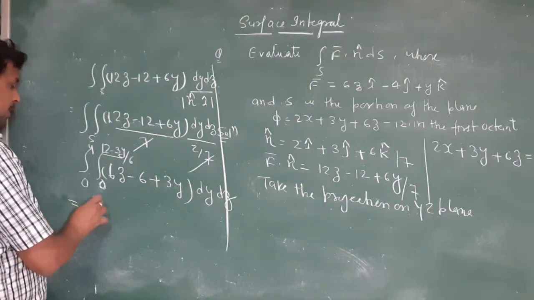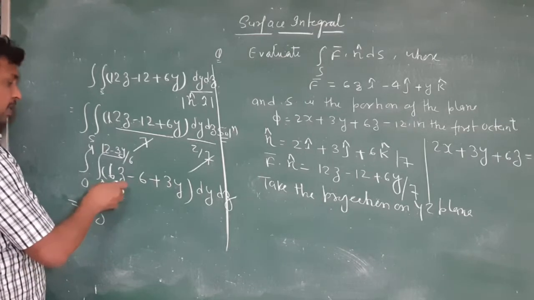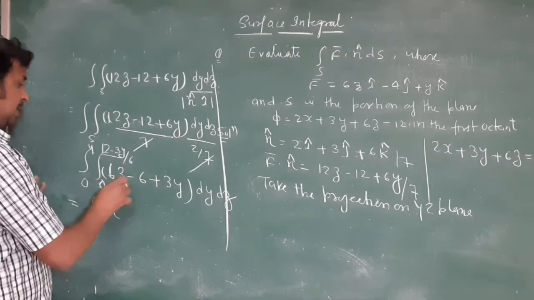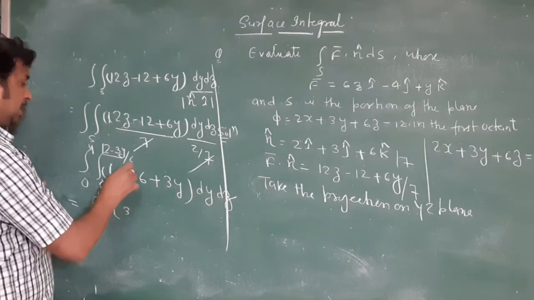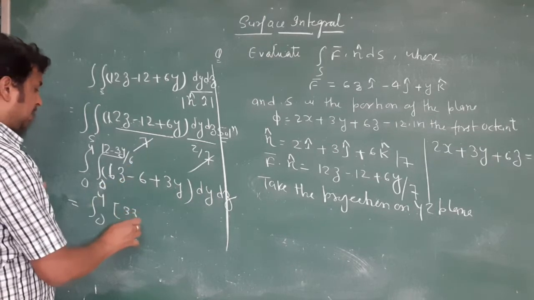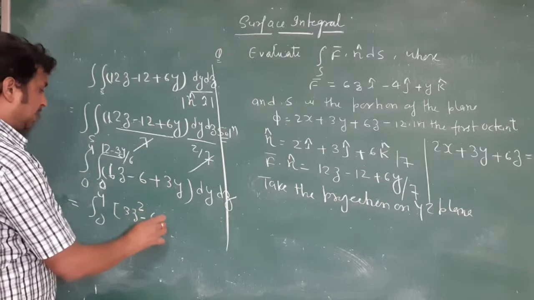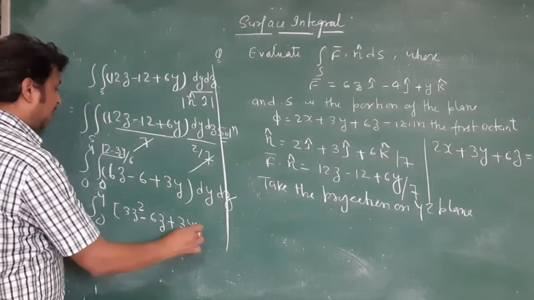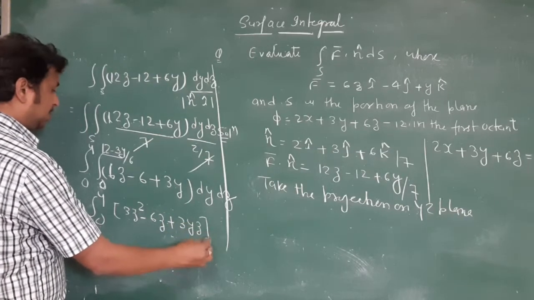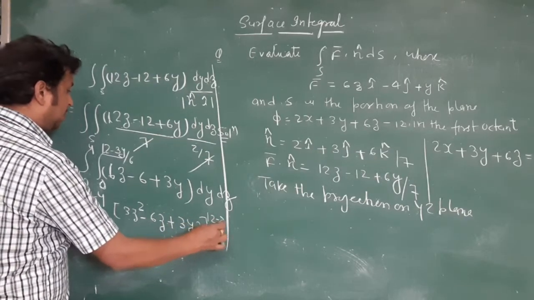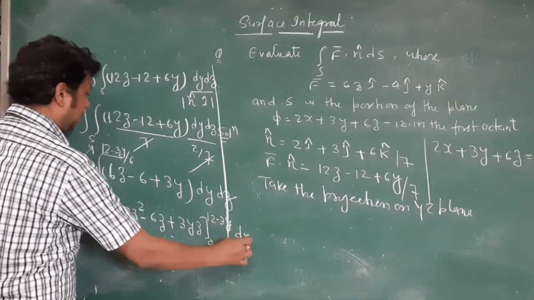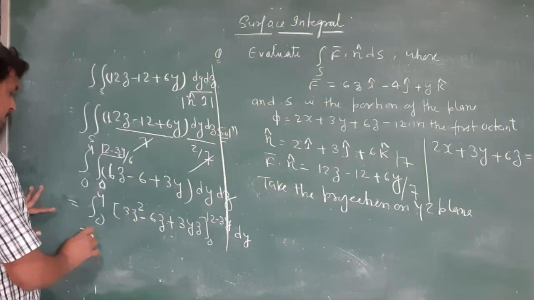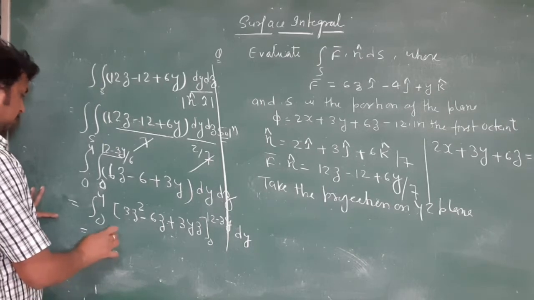So now calculate. 0 to 4 means first integrate with respect to z. So what do we get? 6z square means z square by 2, so 3z square, minus 6z plus 3yz. What is the limit? 0 to 12 minus 3y by 6, dy. Again put the limit 0 to 4.